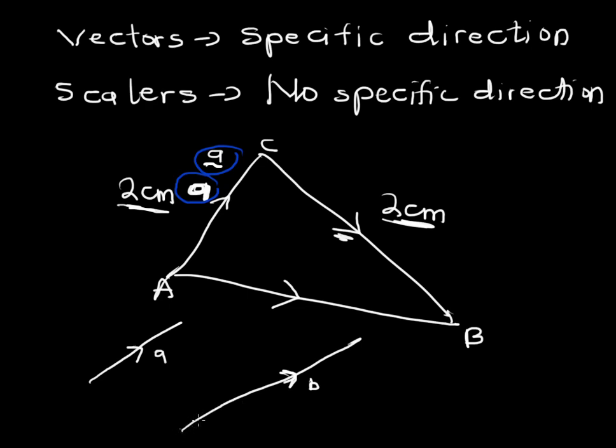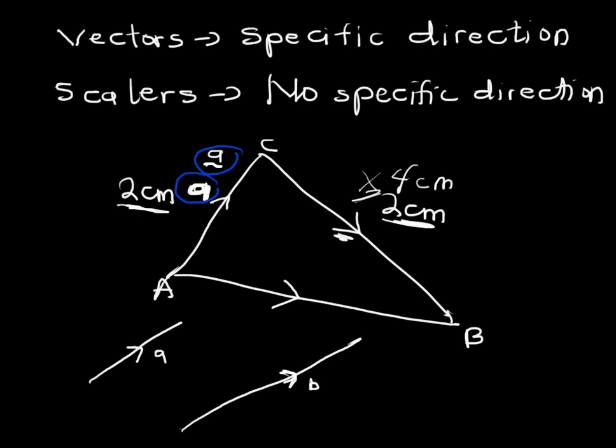B is longer than A. This means that the magnitude of B is greater than the magnitude of A. Therefore, the length of the vector tells its value. I didn't draw this diagram using a scale, but this should be somewhere around 4 centimeters, not 2 centimeters, because this side is longer than this side. As I said earlier, this is not drawn to scale.